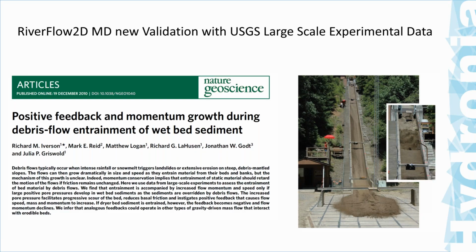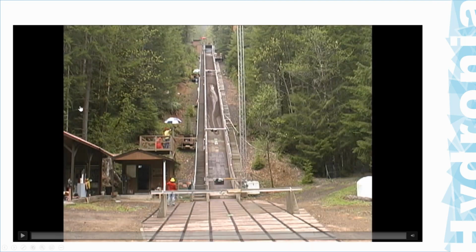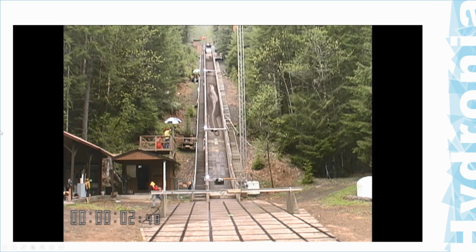So one of the recent verifications was done with the USGS large-scale experiment. We used this a lot to validate the model, and we talked about it in the previous webinar, so I'm not getting into a lot of detail here. I'm just showing a brief example of what this entails.